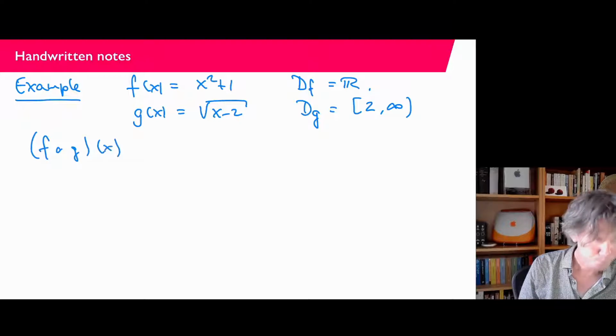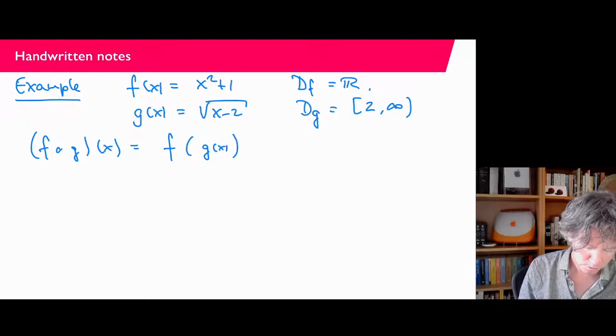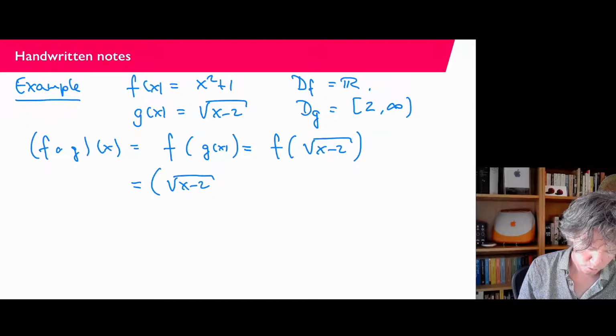So the function f after g of x, that is the f of g(x). So that is the f of, well, g(x) is the square root of x minus 2. So plugging that in, we get the square root of x minus 2, squared, plus 1.